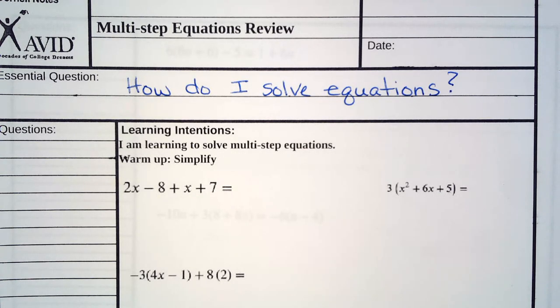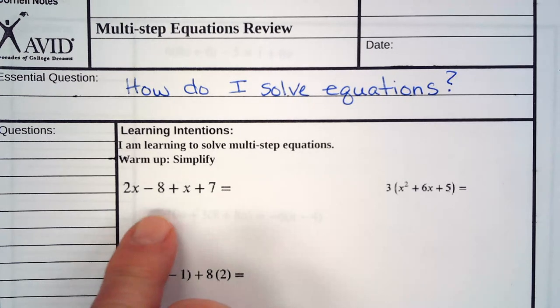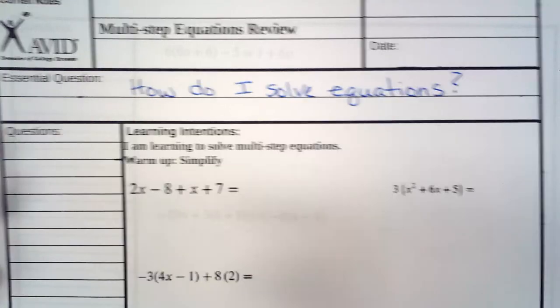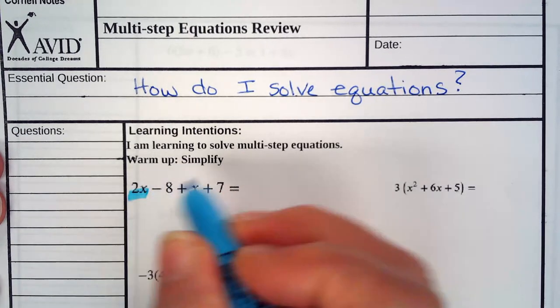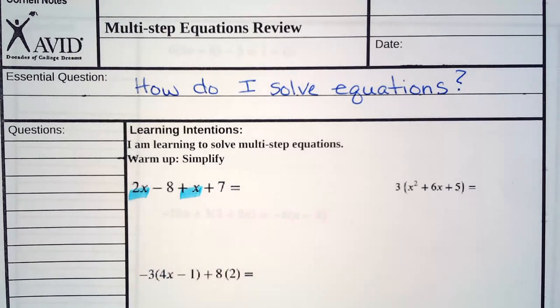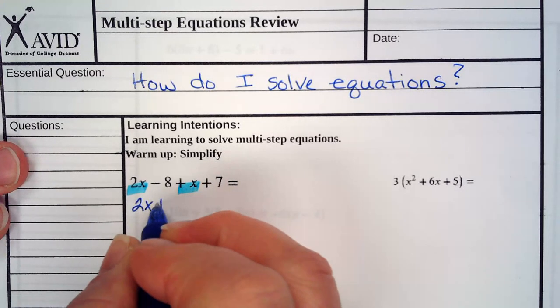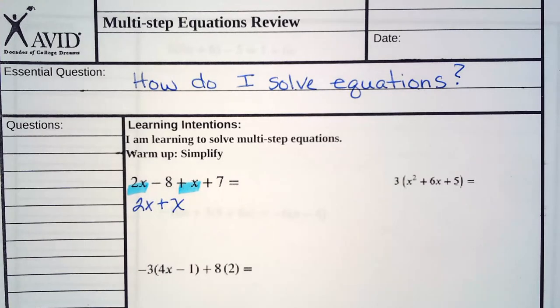Well, I hope you tried. So if we're looking at the first one, we know that we have like terms. So we've got 2x and we've got x. We also have a negative 8 and a positive 7.